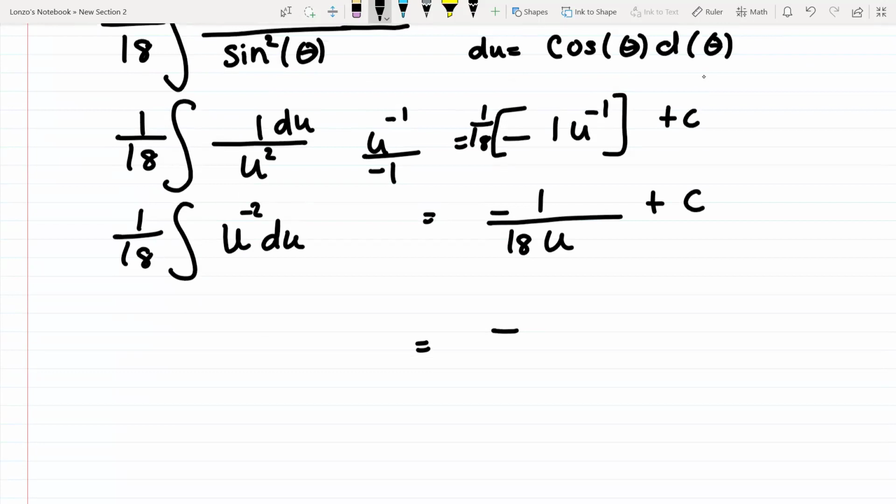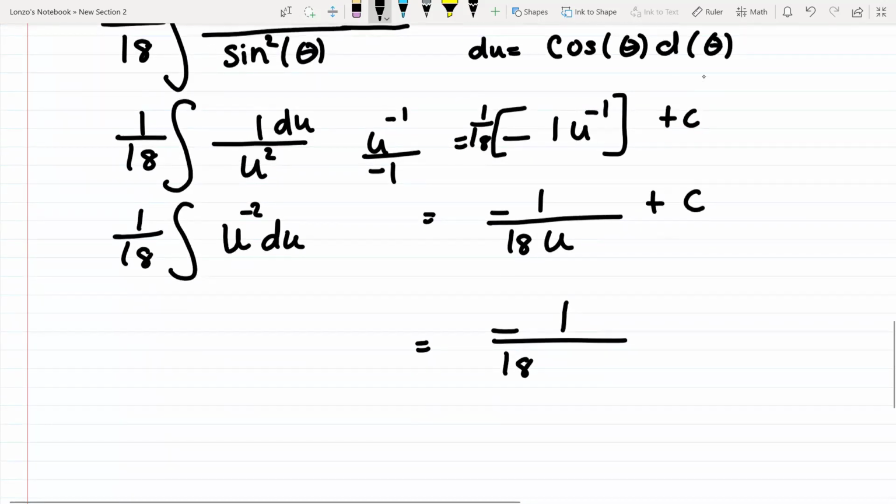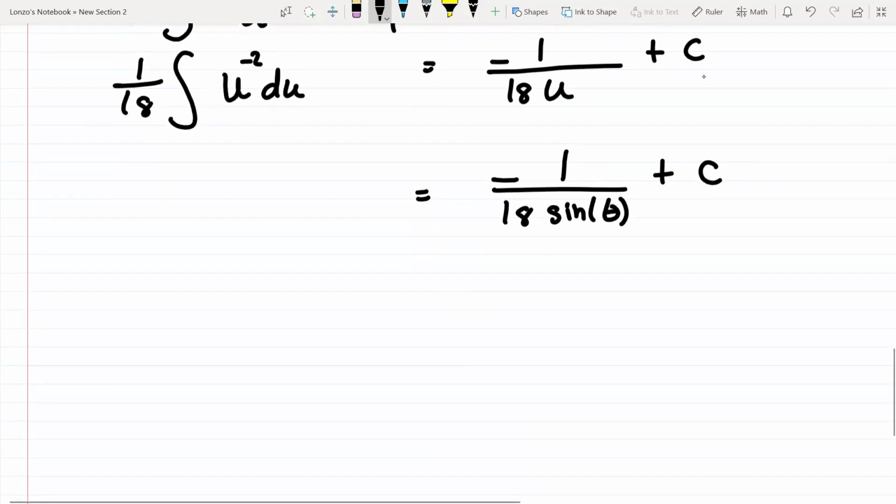So this is going to be negative 1 over 18, and then our u we said was sine theta, plus c. Okay, so is this our final answer? Unfortunately, no. We have to go further because our final answer has to be in terms of x. So this is where you have to draw the right triangle.